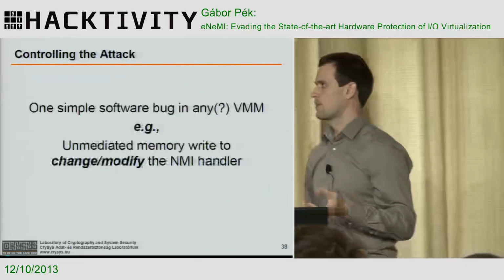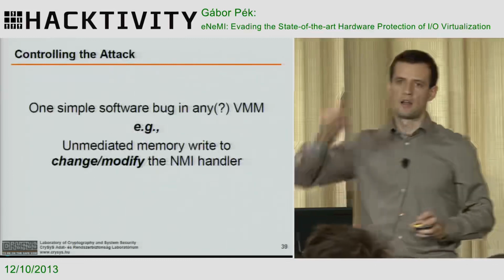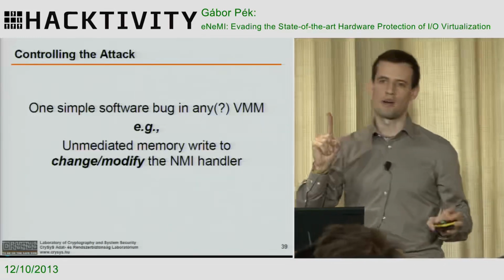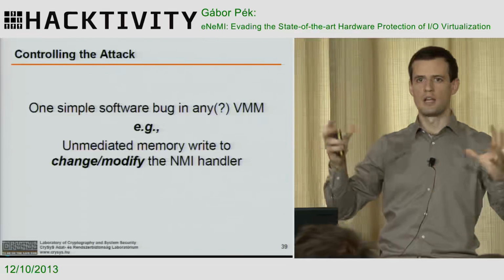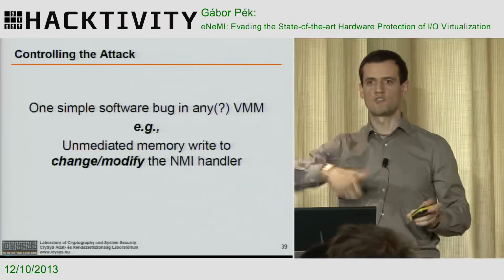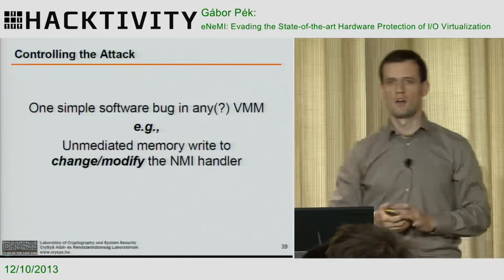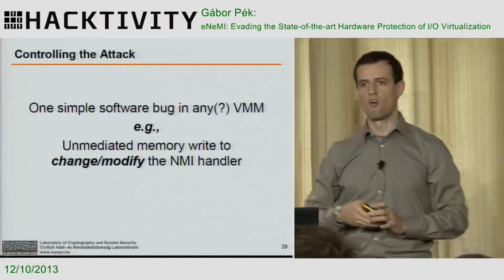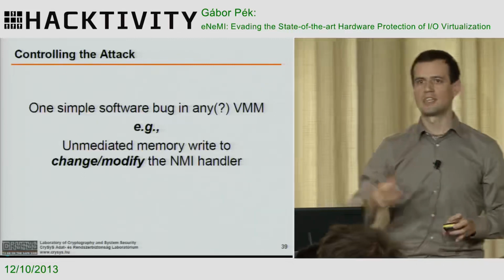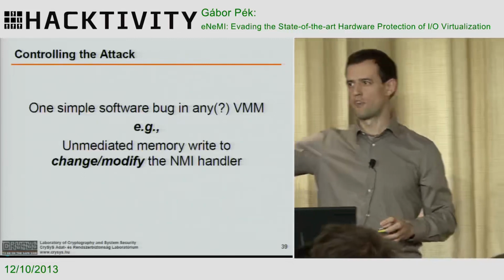The answer is you have to find one simple software bug in almost every VMM. If the software bug allows you to change, for example, the IDT, the interrupt descriptor table, or you find something in the non-maskable interrupt handler that allows you to copy from guest to host.